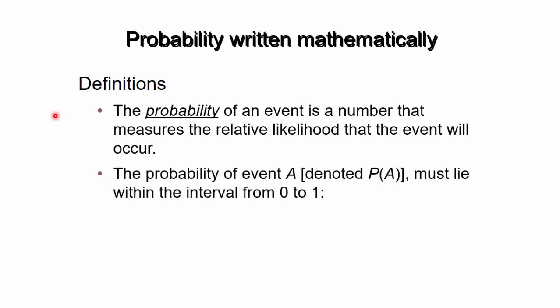So the probability of an event A is normally denoted by P of A. A is the event, always written in capital letters, and P represents the probability. And since it is a relative measure or a ratio, it always varies from 0 to 1. So P of A lies between 0 and 1.